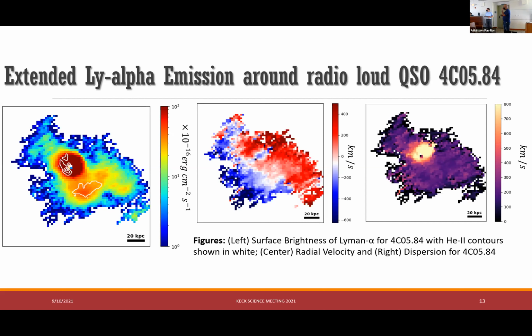Perhaps I'll clarify. For the candidate other things in the proto-group, whether or not there are absorption features in the KCWI spectrum that are coincident in redshift with them. Okay. So in the quasar spectrum, do you see them? Yeah.